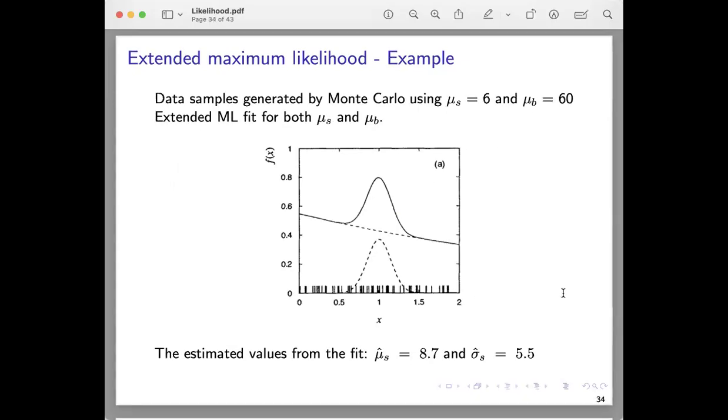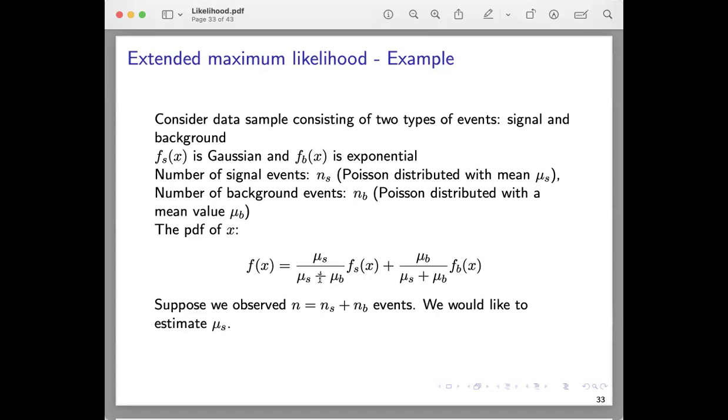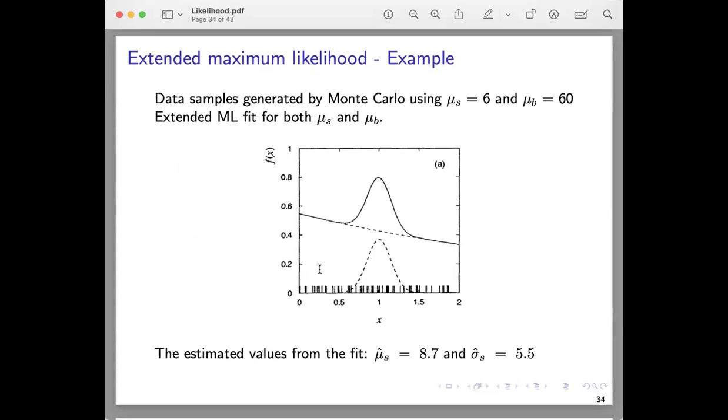Now this kind of fit you may have done in RooFit already. So what you'll do is simply fit this function to the total number of events. This is a data sample generated with mu s equal to 6 and mu b equal to 60, and then you perform the extended maximum likelihood fit with both mu s and mu b treated as parameters.